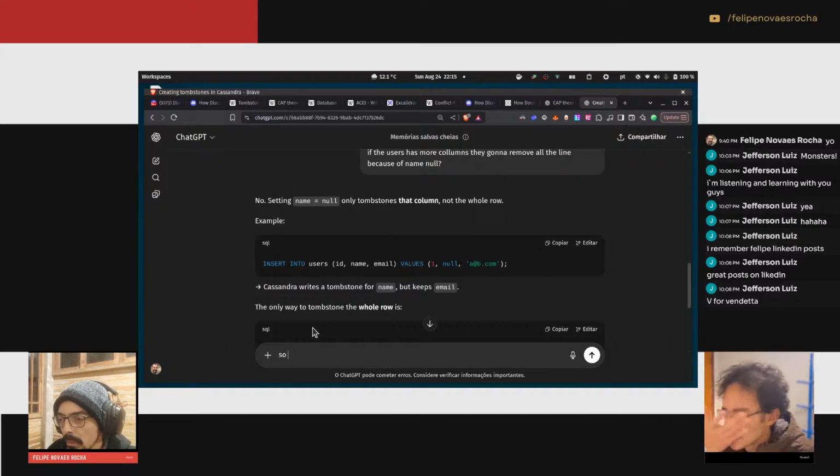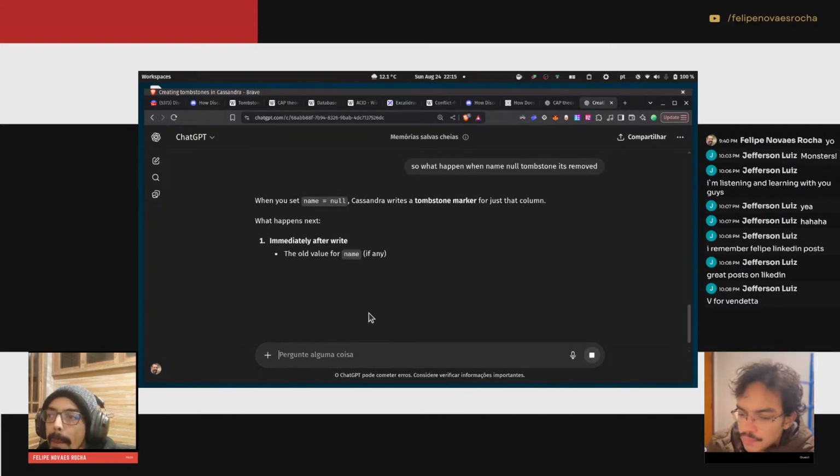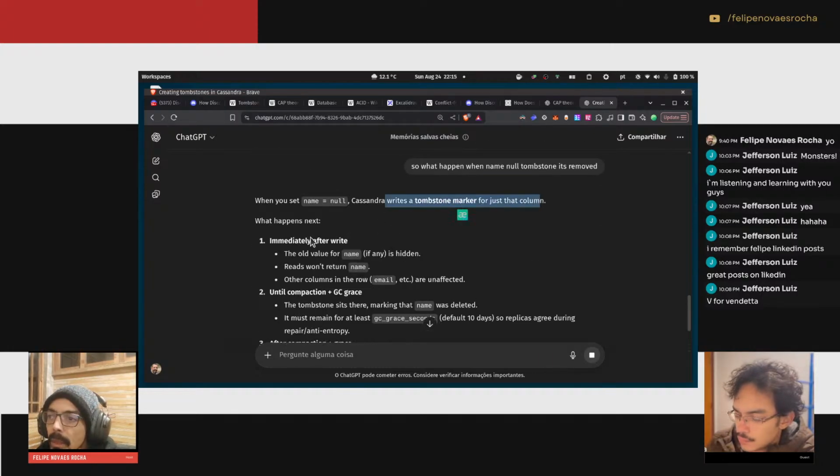So what's happened on the name new tombstone? Let's remove it. Marker. What's happening after write? The old value is hiding. Reads won't return name. Okay. Other columns in the row.